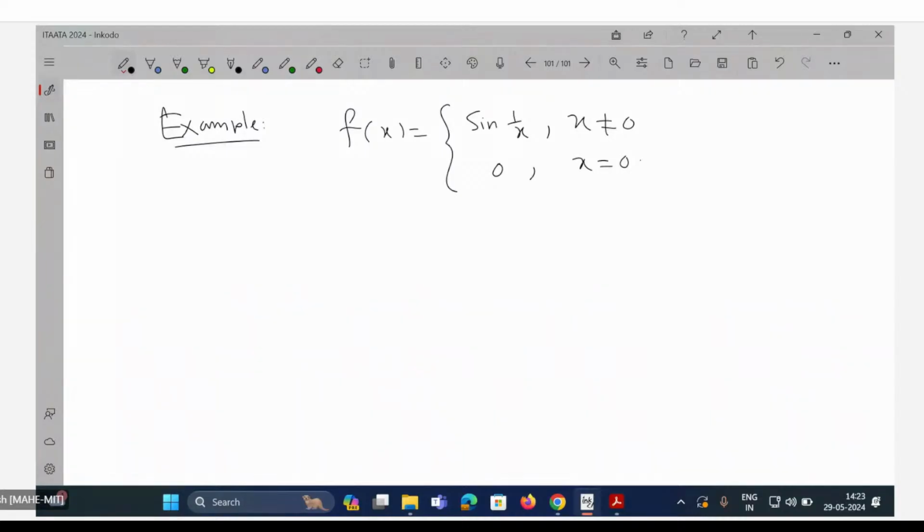Okay, so what is the limit of f(x) as x tends to 0 plus? We already learned in the morning.